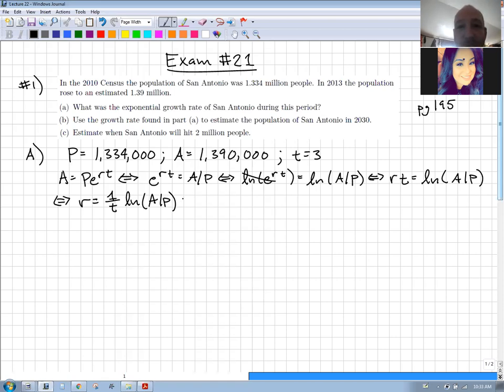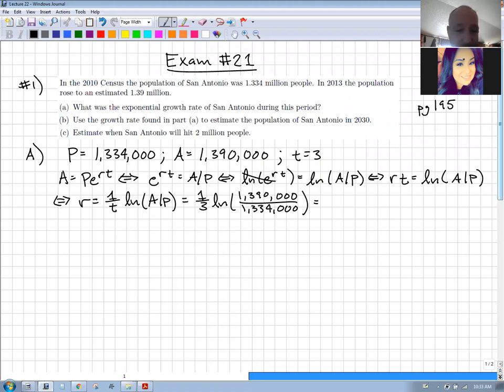Now we just plug in our numbers. T is 3. A is 1,390,000 and P is 1,334,000. Let's see what the calculator says. 1390 divided by 1334.